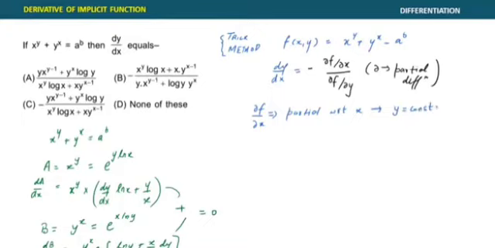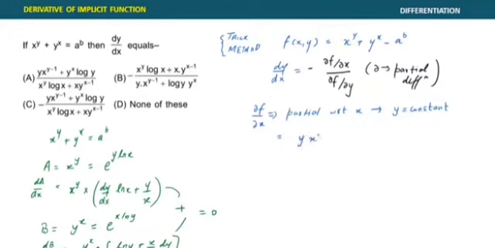Y is not a variable in this now. Y is only a constant. So if you want to differentiate this with respect to x in terms of partial differentiation, so here no longer is it a variable. So you will say that this is equal to x raised to power y. So it is something like saying x cube or x raised to power n. So what is the derivative then?